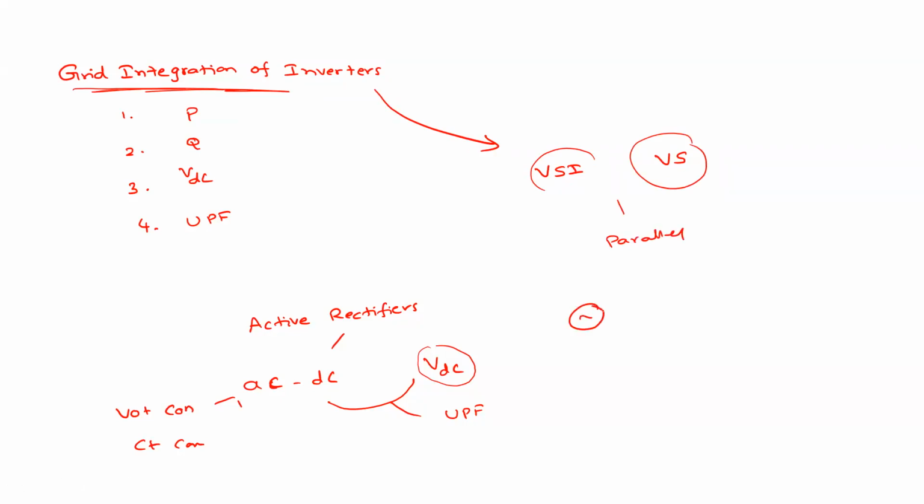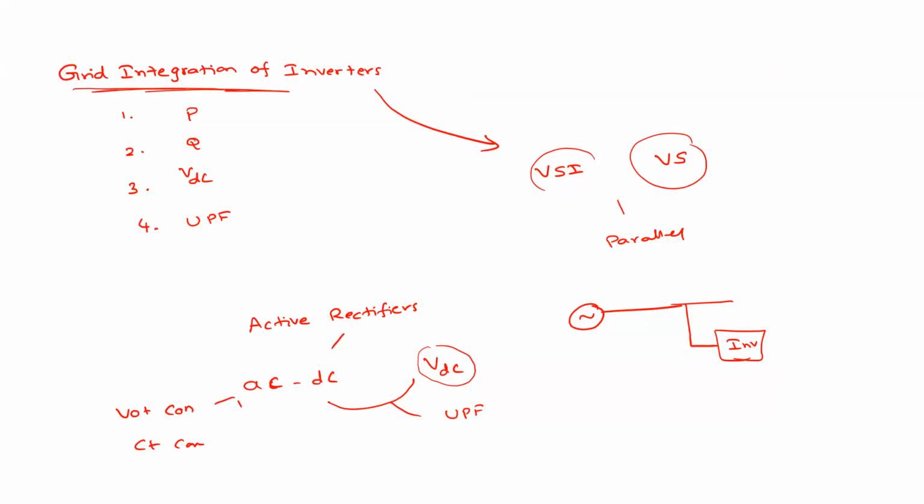Let us assume that this is the grid. Now we are trying to integrate this inverter, bringing this inverter in parallel. When can two voltage sources be paralleled?